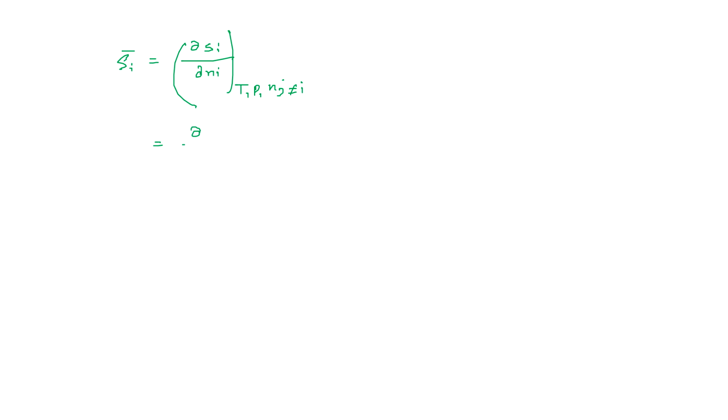Now we can write that dNi is minus dG, sorry, dT, at constant P and Nj, so T, P, Nj not equal to Ni.